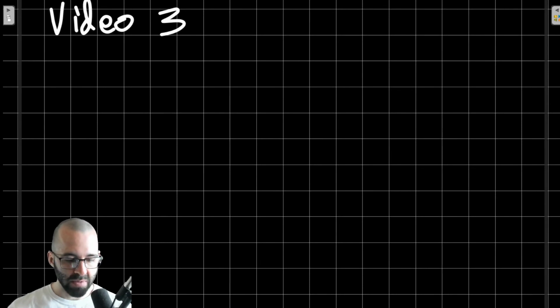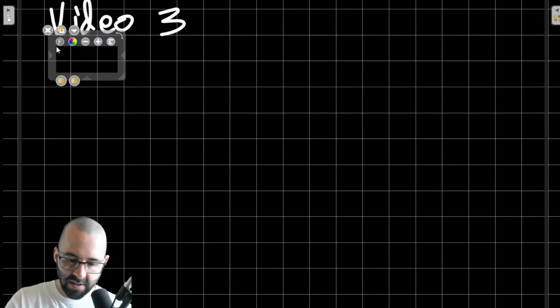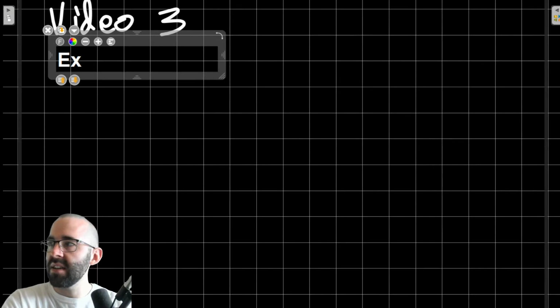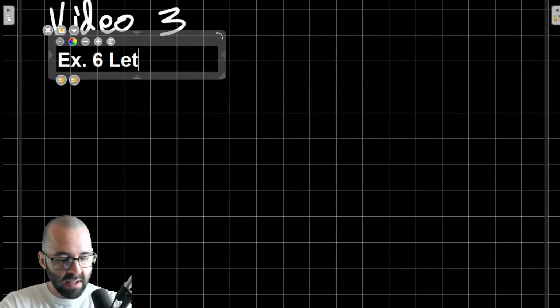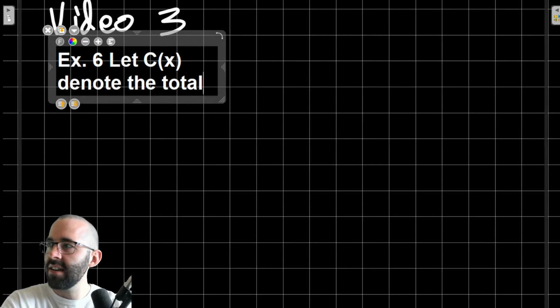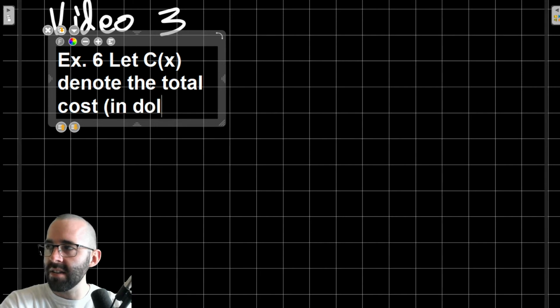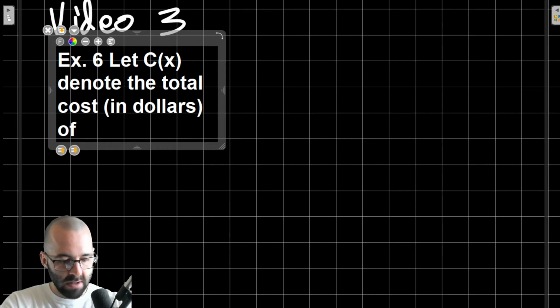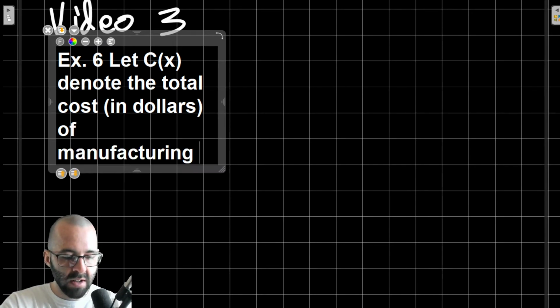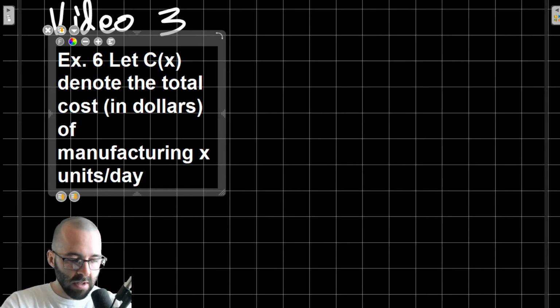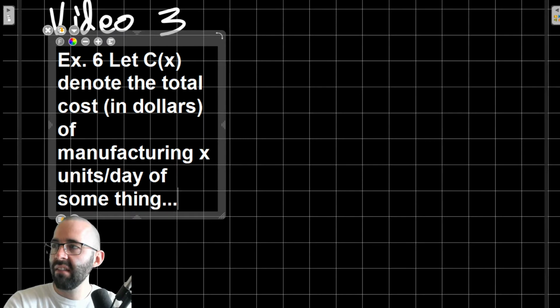Okay, so here we go. We are on example 6, and this is where the typing really does start to become bigger. So example 6 is, let C of x denote the total cost in dollars of manufacturing x units per day of something.